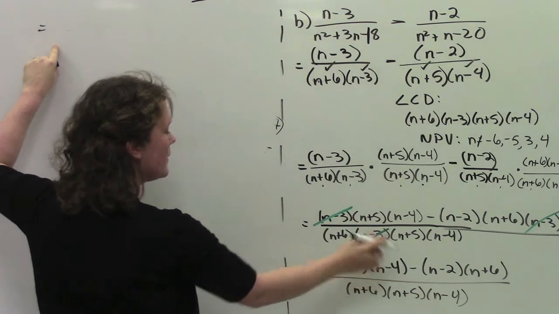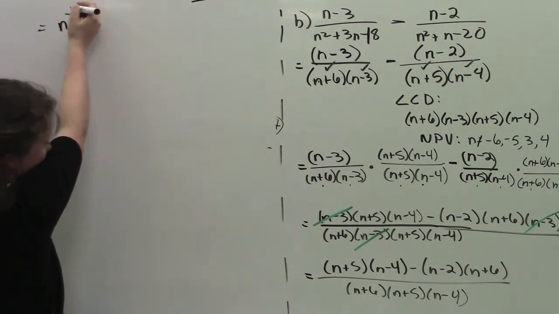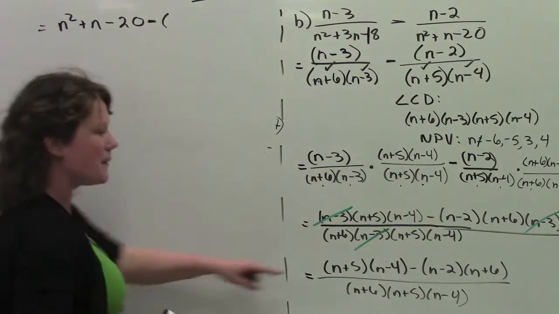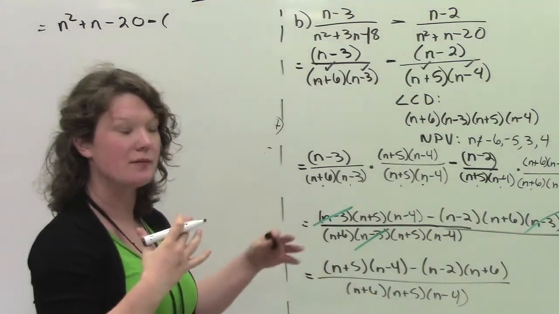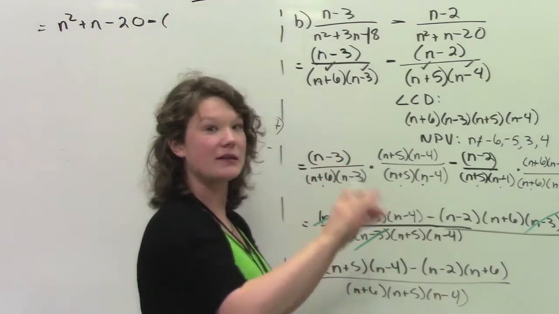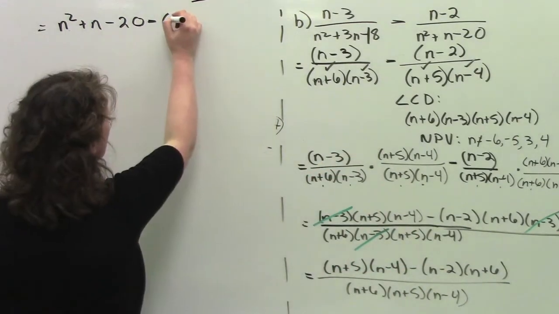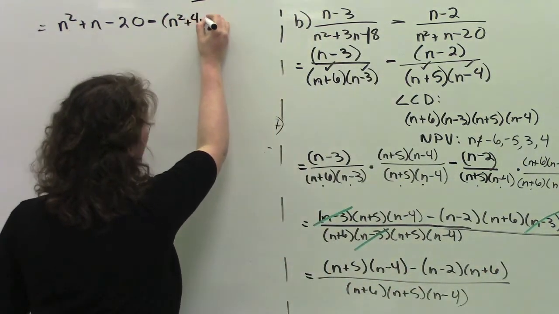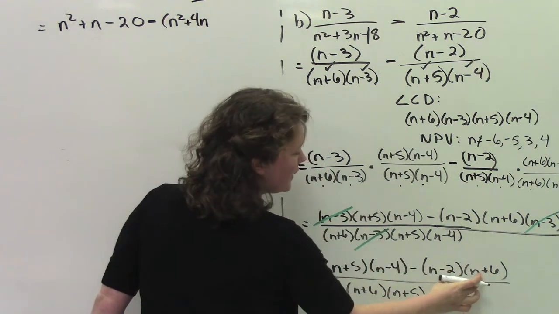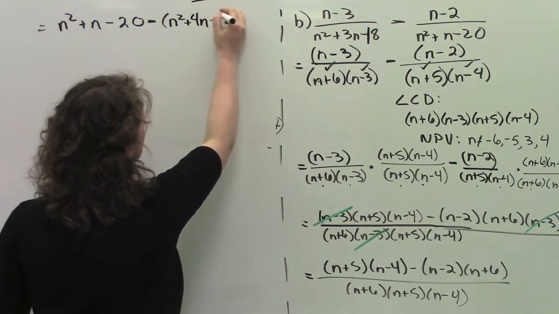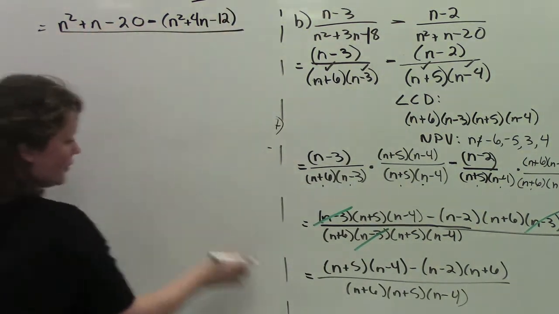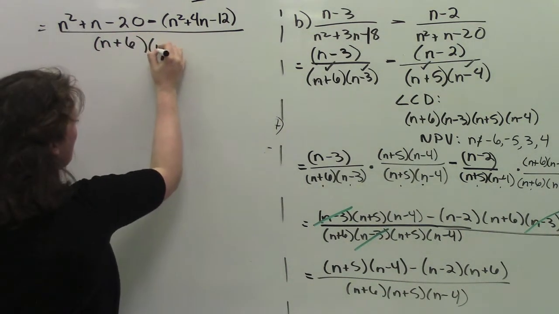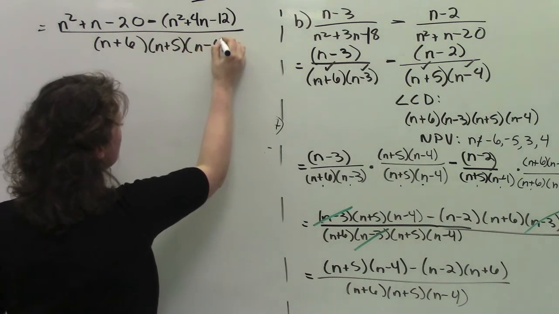n plus 5 times n minus 4, n squared plus n minus 20, minus, and since it's a minus sign, I want to put a bracket around it, just so that we make sure that we don't forget to distribute that negative throughout. n squared, they add up to 4, plus 4n, 12, it's going to be negative 12, negative 2 times 6, minus 12, all over the common denominator of n plus 6, n plus 5, n minus 4.